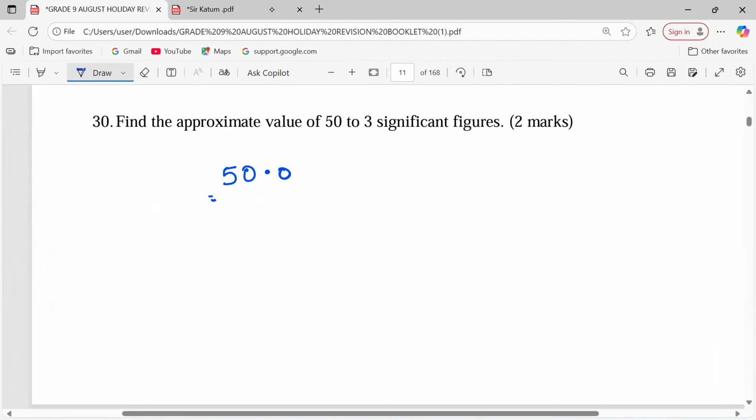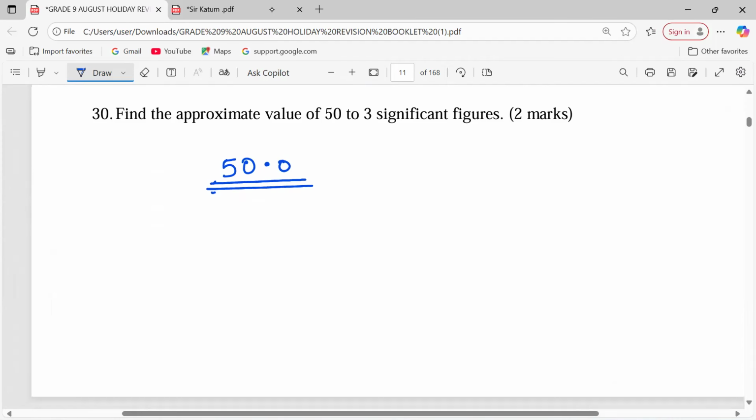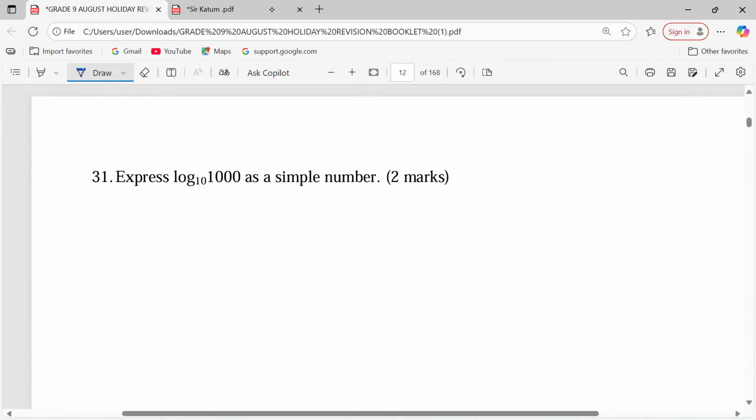Remember, 0 is usually significant if it is found between 2 significant figures and if it is at the end of a decimal number. So a 0 at the end of a decimal number is significant. 0 found in between significant figures is also significant. So that is it.